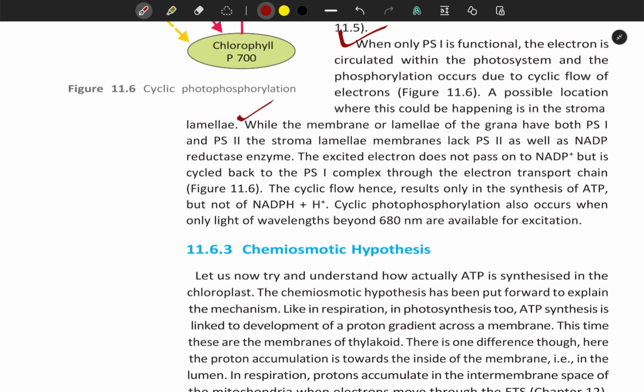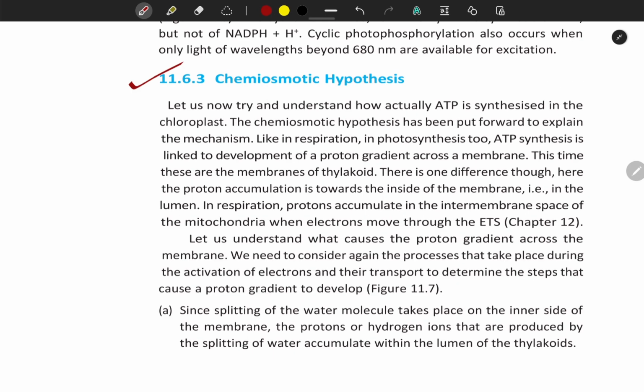The cyclic flow hence results only in the synthesis of ATP, but not of NADPH + H+. Cyclic photophosphorylation also occurs when only light of wavelengths beyond 680 nm is available for excitation.